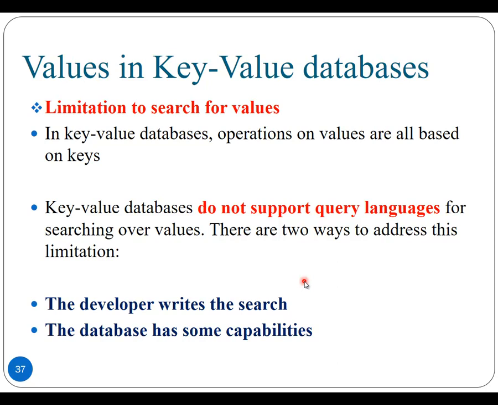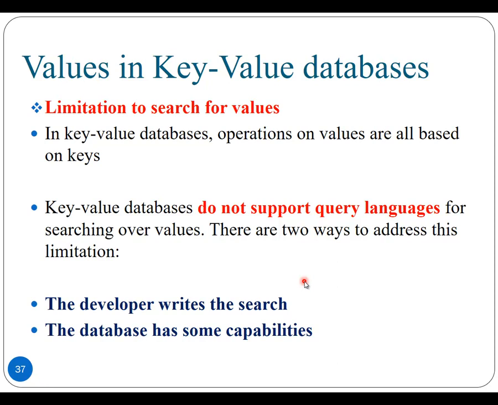Our subject about key value database is finished here. We said that this database has some features, which are simplicity, speed, and scalability. We said that in the key value database, the data is stored in the format of key values.